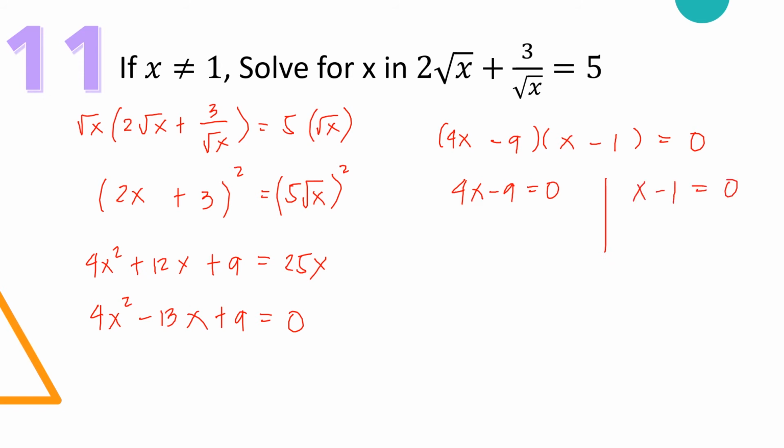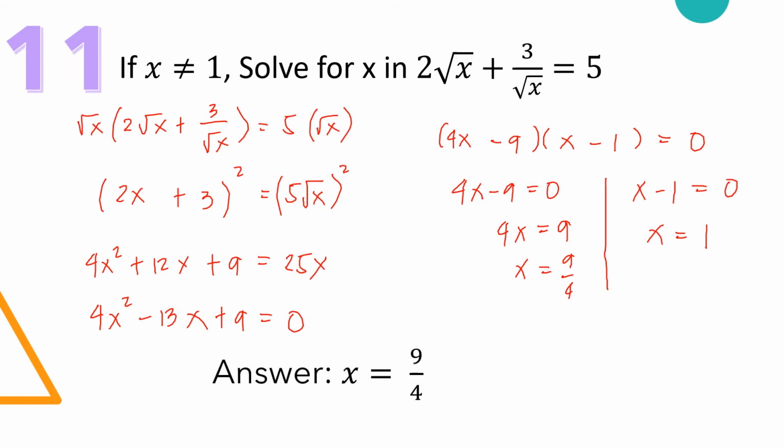From the first factor, we can get x is equal to 9 over 4, and on the second factor, we can get x is equal to 1. And since x is not equal to 1, the answer is 9 over 4.